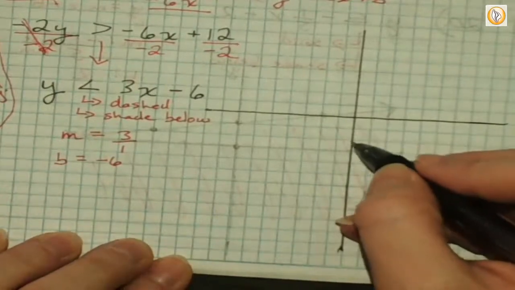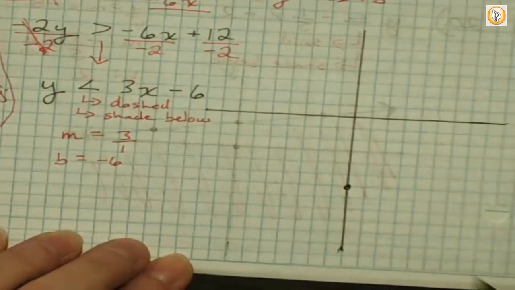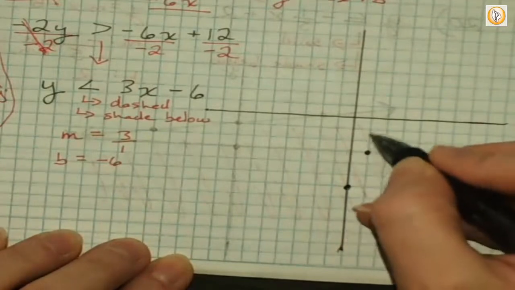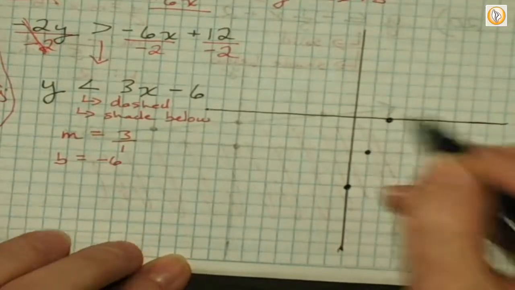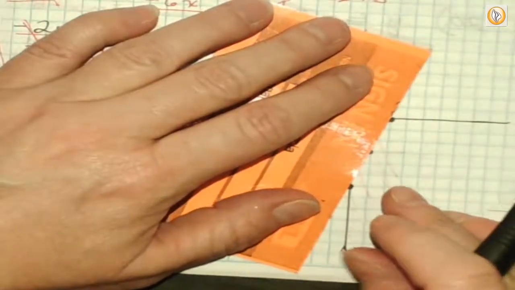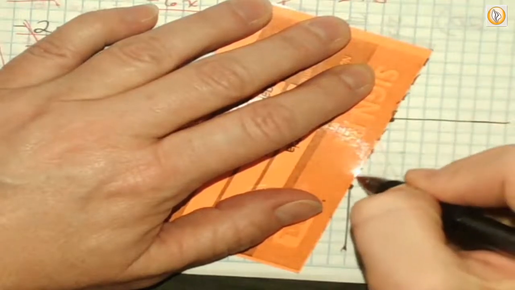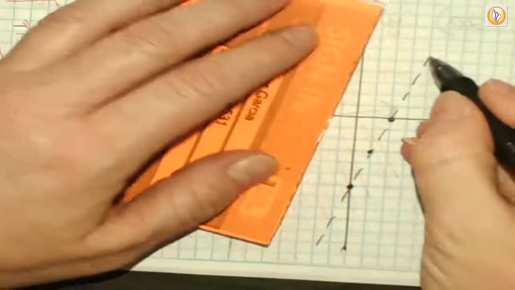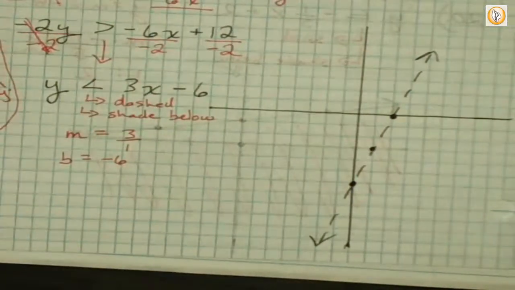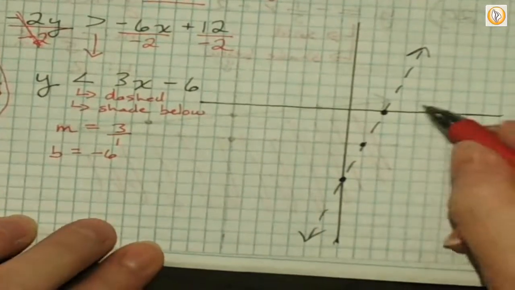Very good. 1, 2, 3, 4, 5, 6. There's my plot. My slope is 3/1. 1, 2, 3. It's a dashed line. And I shade below. Emily, which side should I shade it on? Left or right? Very good.